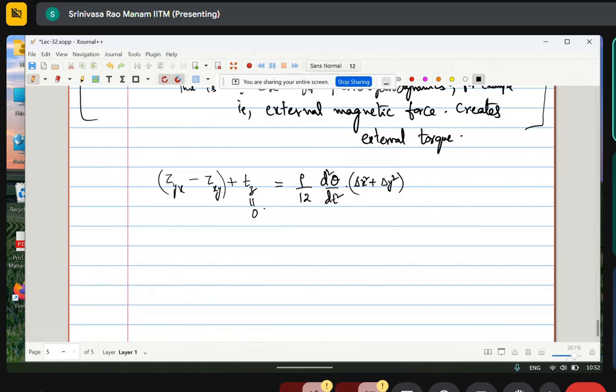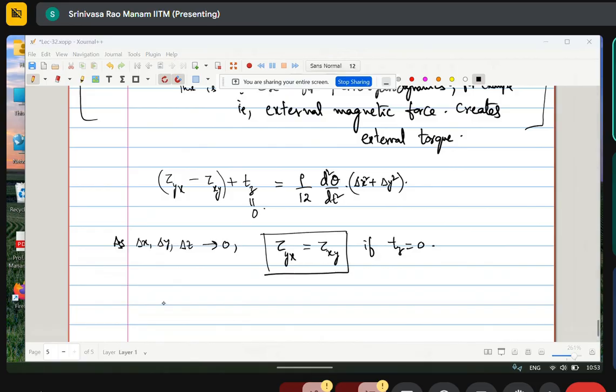Now we are allowing delta x, delta y, delta z to go to 0. So what you finally get is tau yx equal to tau xy if the external torque is 0. Otherwise, it is not. So this is how they are symmetric. This implies the tau matrix is symmetric.